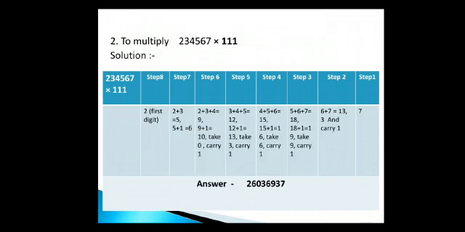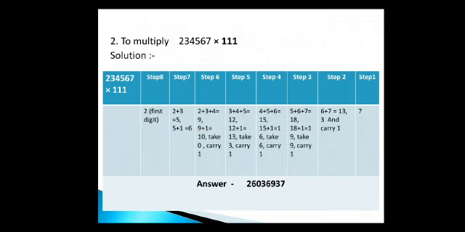In step 5, we add 3 plus 4 plus 5, which is 12. The carry was 1, so 12 plus 1 is 13. So we write 3 and carry 1.